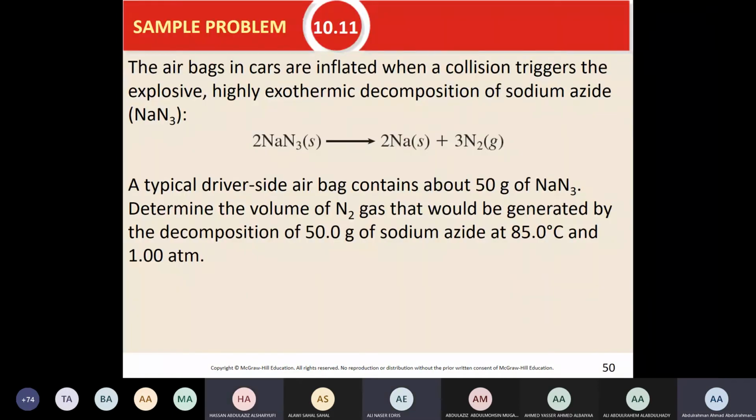Yes. Okay. The airbag, do you know the airbag that we use in our cars? The airbag is inflated when a collision happens, through the highly exothermic decomposition of sodium azide. This is called sodium azide. When it decomposes, it will give you sodium solid plus N2 gas.